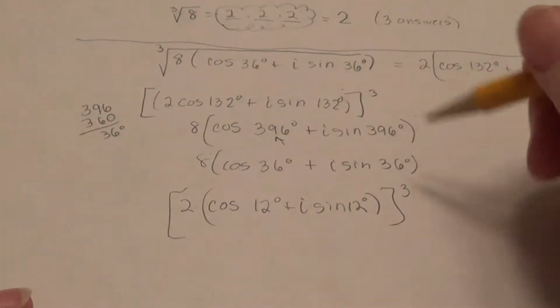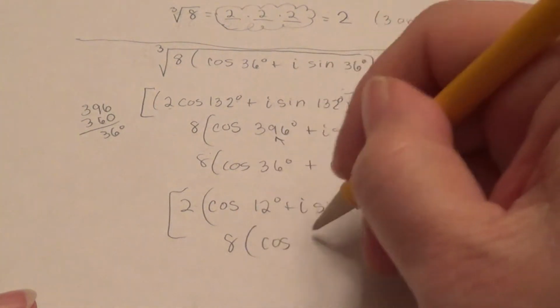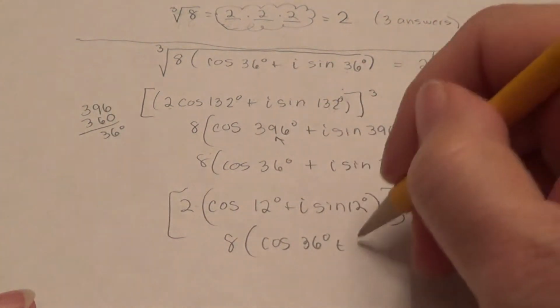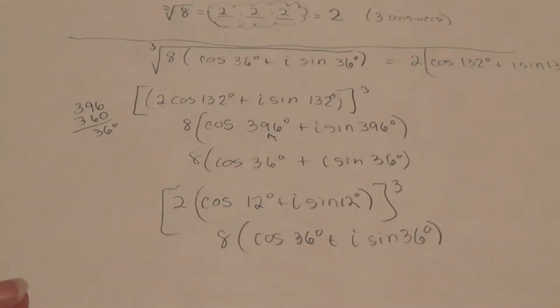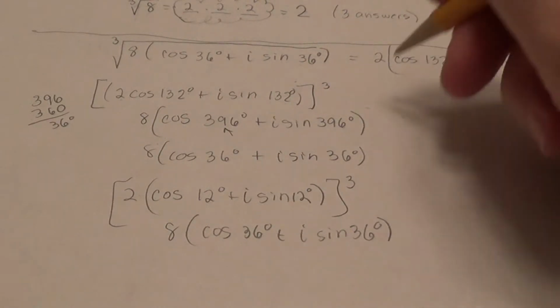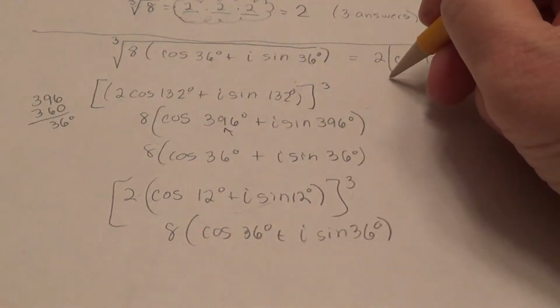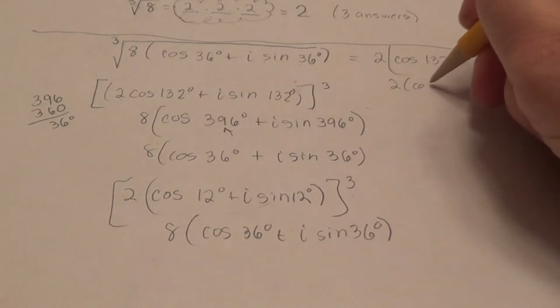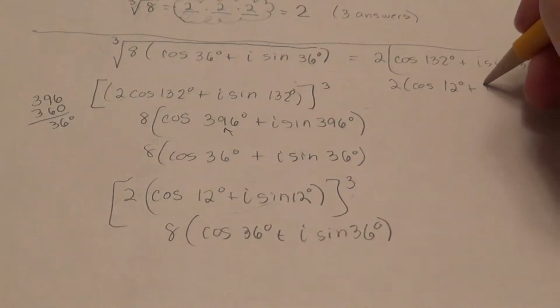Raise 2 to the 3 and get 8. 12 times 3 is 36. So there's another cube root. Now I haven't taught you how to get them, but I'm just showing you that they are cube roots. So this got back to that, so that means this is a cube root. I'll put it in my list up here. Should have done this one first, probably, but it's fine.